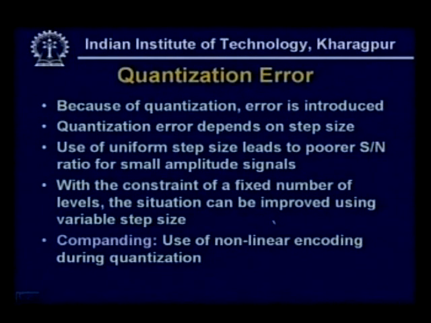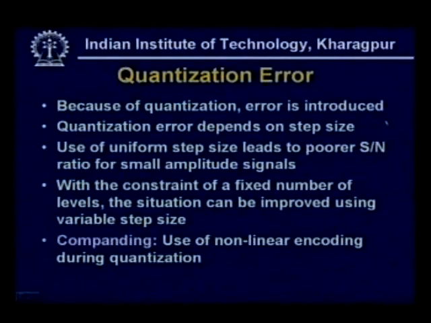As I mentioned, whenever you use a sample and hold and an analog to digital converter of a suitable number of bits, quantization error is introduced. Essentially, it depends on the step size. Suppose you are using 5 volt, that means it is from 0 volt to 5 volt, and the quantization level is 8 bit, that means 256 levels.